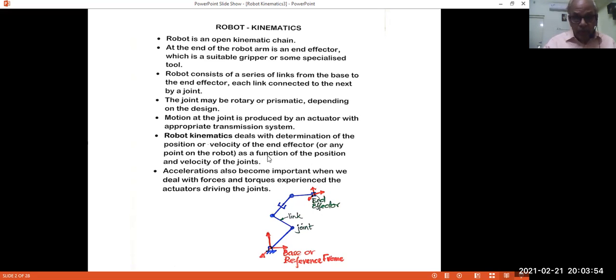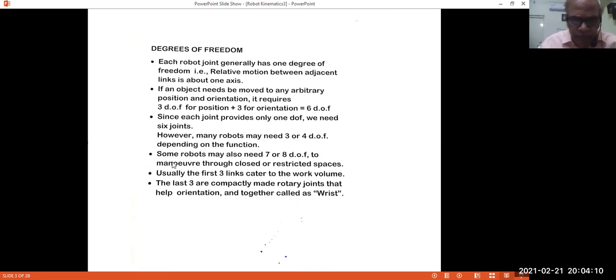Well, some robots may need more, where they have to go through some restricted spaces, etc. They may need more than 6 degrees of freedom. And some of the pick and place type of robots need less, 3 or 4 degrees of freedom will be adequate. One more thing is the first 3 joints are designed to provide the necessary workspace, the space of the reach of the robot.